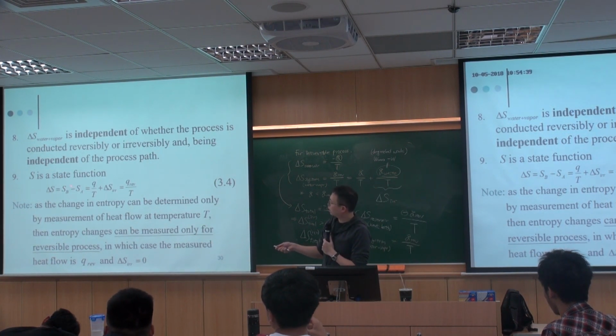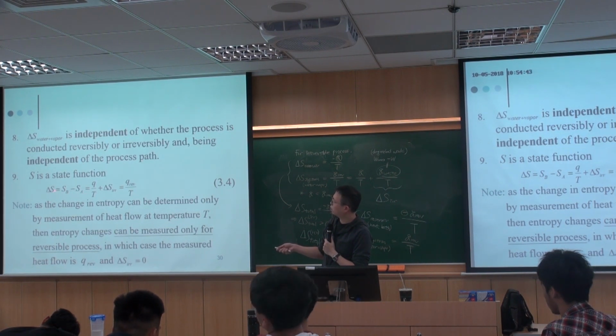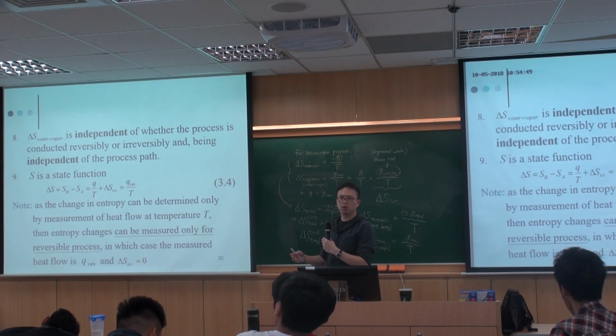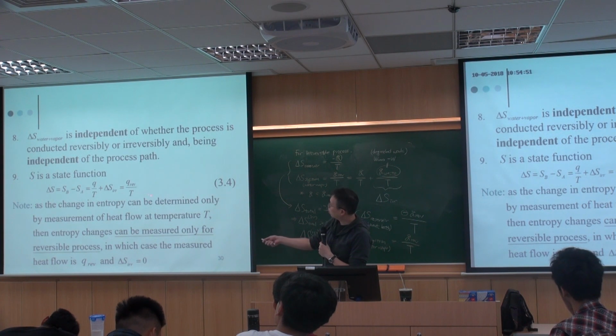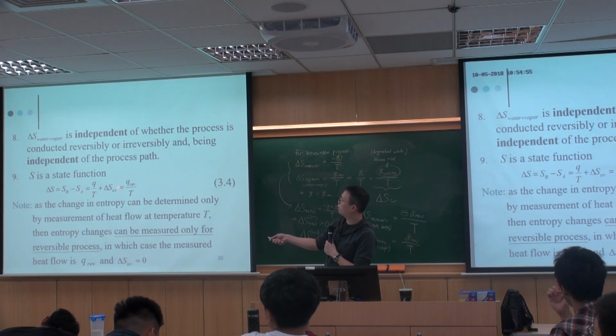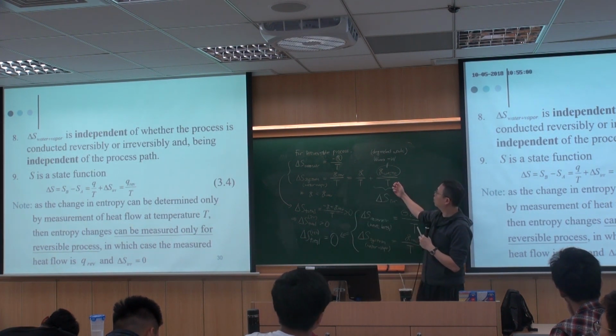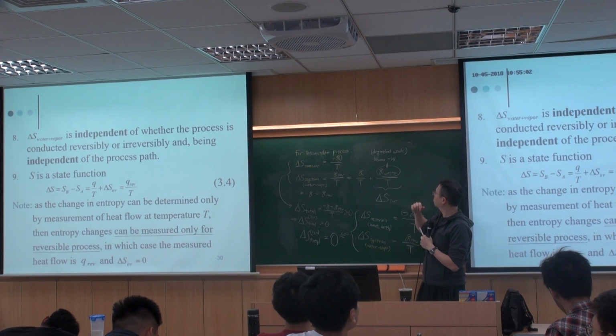So S_B minus S_A, like I mentioned, from state A to state B, the evolution is from A to B, and the final minus initial, depending on whether it is reversible or irreversible, you have this or this. But if you add these two up, it will go back to the original Q reverse over T, as I wrote over here.